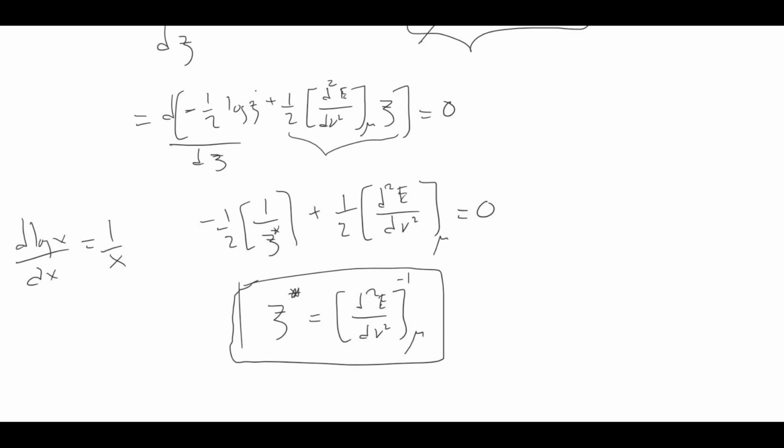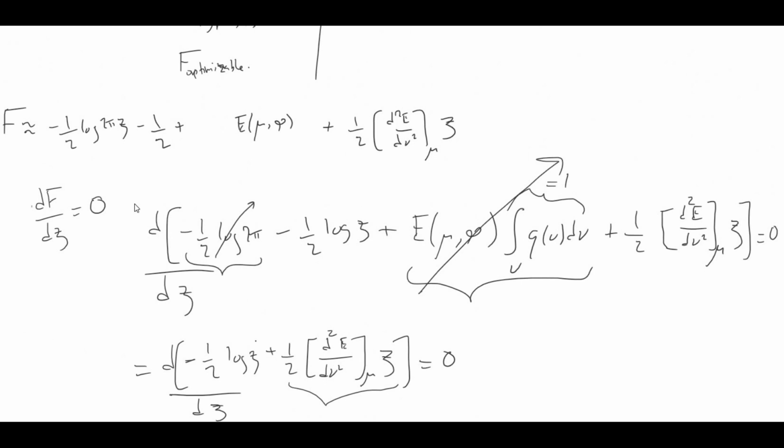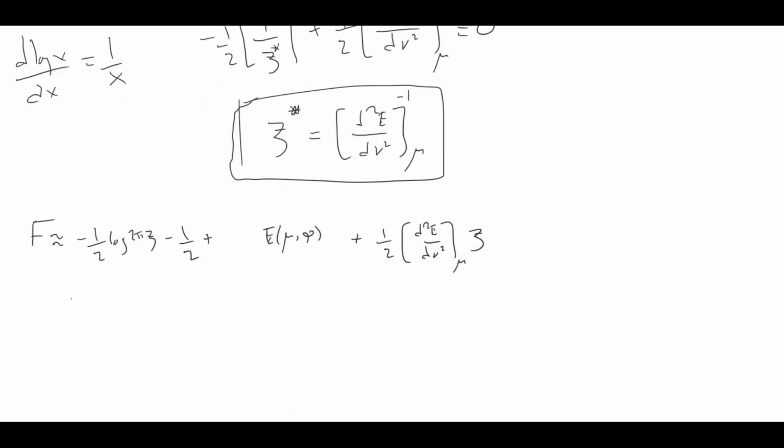And now we can go back to the original expression and plug that in. So the original expression is right here. So here we'd like to plug this zeta star in instead of zeta to make this assumption. So this optimizable f is now half log 2 pi zeta star. We can leave this one just like that.